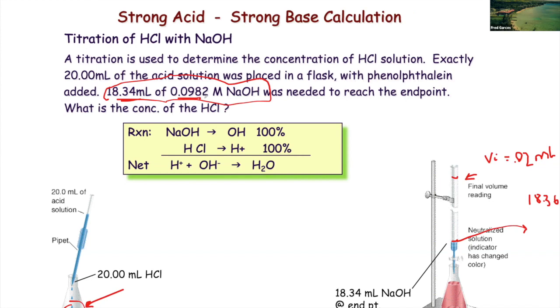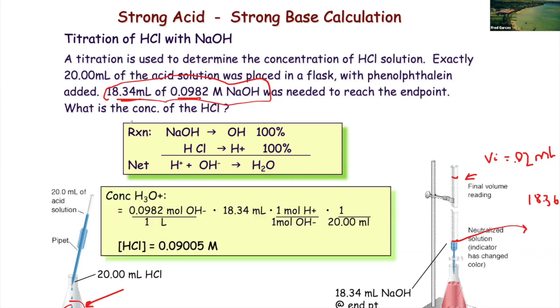You've got 0.0982 moles per liter. You're delivering 18.34 milliliters. You can calculate the moles right here. This will be the moles of hydroxide. And remember that the moles of hydroxide is equal to the moles of the acid. And if you divide by the volume of that acid, you now know the concentration of your analyte. So what I'm doing here is basically using a stoichiometry problem.